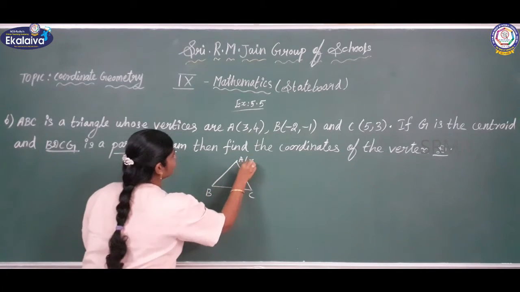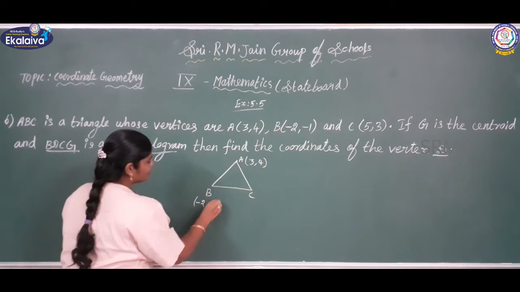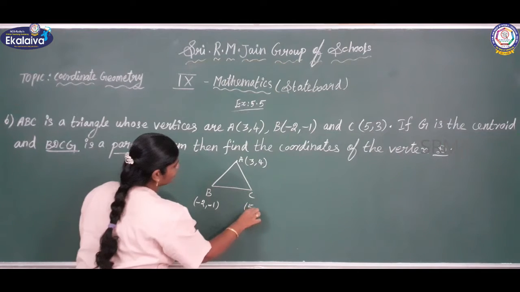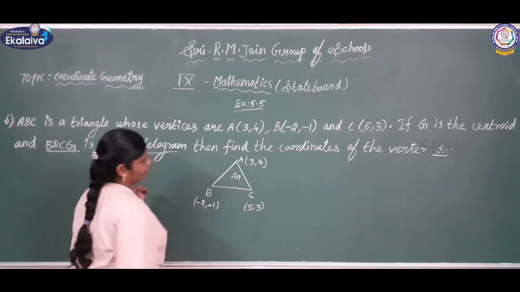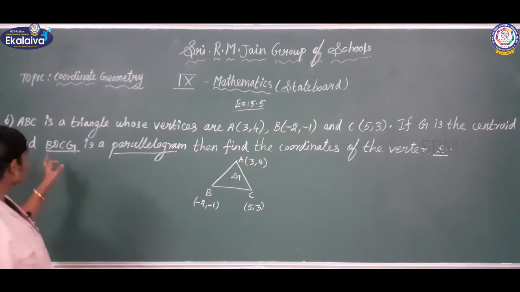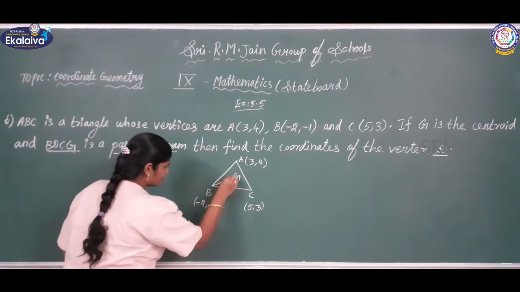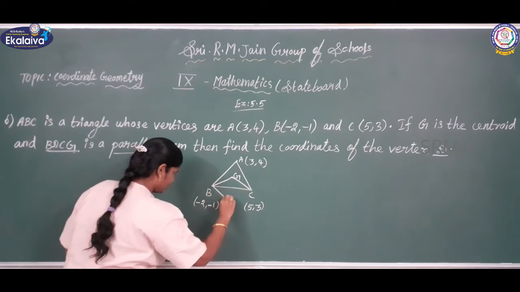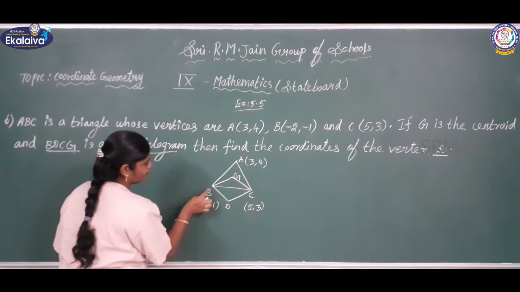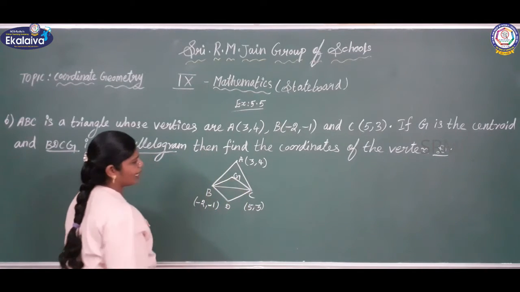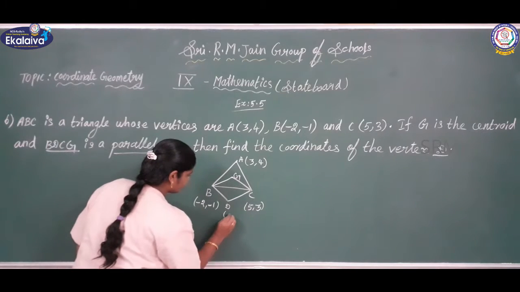Write the coordinates 3, 4, minus 2, minus 1, 5, 3. Okay, and G is the centroid. And BDCG. Okay, B, join this, D, C, G. BDCG is a parallelogram. So we need to find out the vertex D.